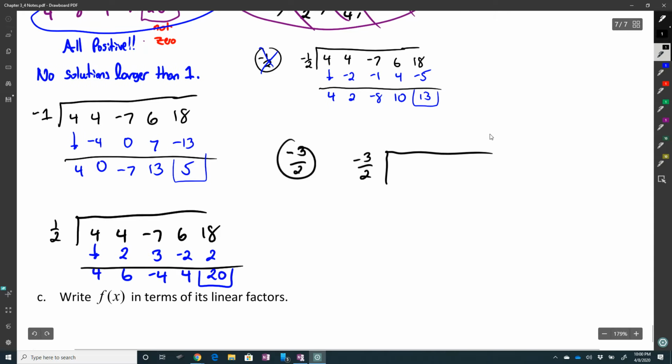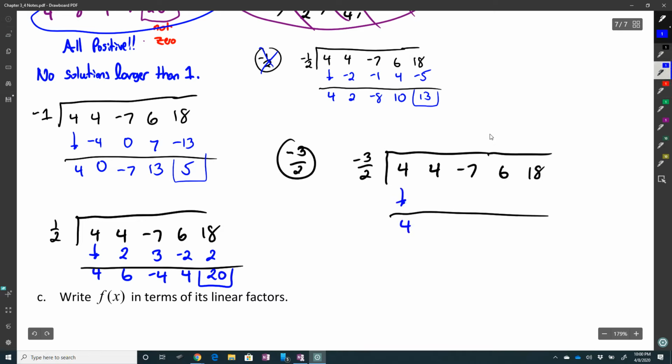So it's 4, 4, negative 7, 6, 18. So 4. Now when you're multiplying, you can use your calculator to figure out what the fraction is when you multiply them together. But if you're doing it in your head, you just multiply the top number and divide by the bottom. So 4 times 3 is 12. 12 divided by 2 is 6.